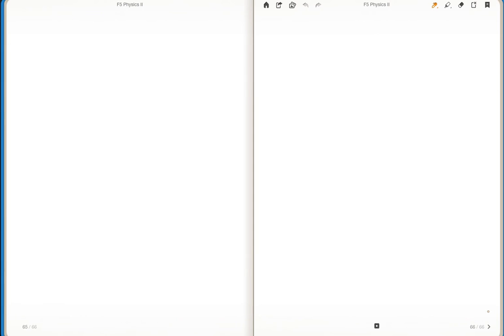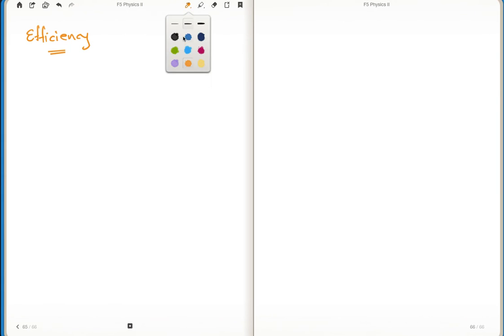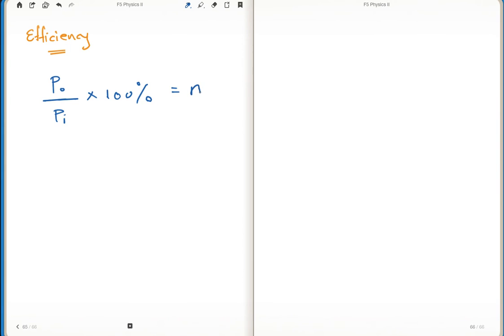Okay, so efficiency, for calculation purposes, will be the P output over P input times 100%. Okay, this is how you get your efficiency, eta.